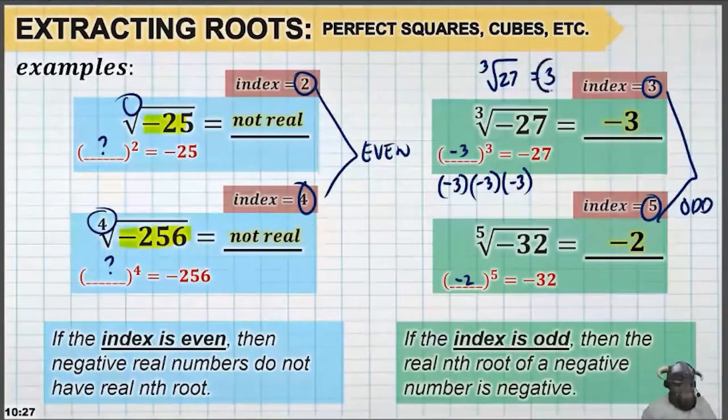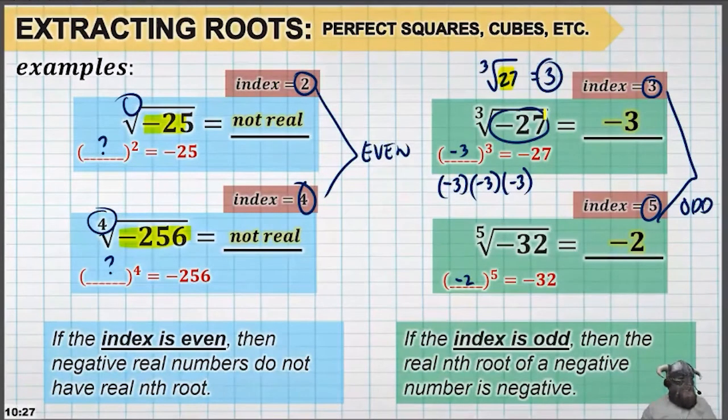Ang pagkakaiba lang naman ni negative 27 kay 27 is the sign. So kapag odd yung index niya, kung ano yung sign sa loob, yun din yung sign ng sagot. Kung negative 32 to, negative yung magiging sagot natin because the index is an odd number. So yun yung rule natin when it comes to having a negative sign inside the radical expressions.